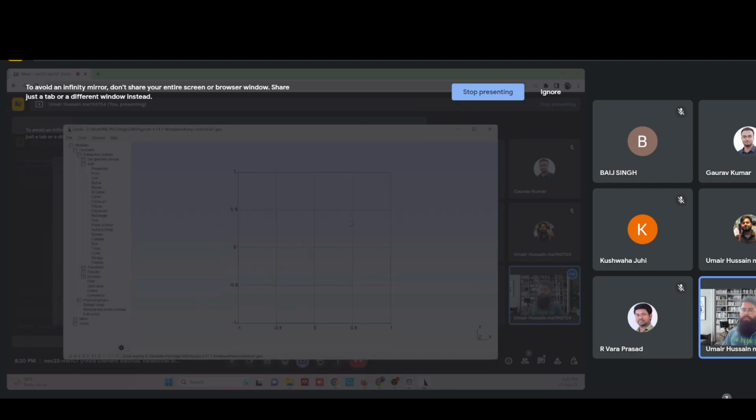Yeah. Now can you see the screen? Now you can see the dialog box, right?